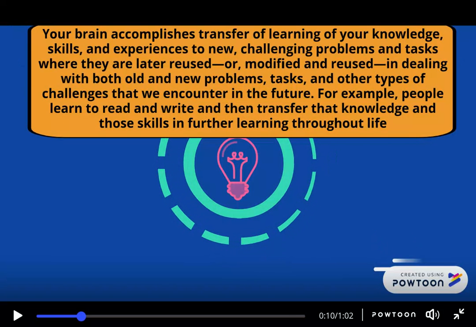Education can be improved by explicitly teaching for transfer of learning and actively engaging learners in activities that increase this transfer. A good example of this is people learn to read and write and then transfer that knowledge and those skills in further learning environments throughout their life.